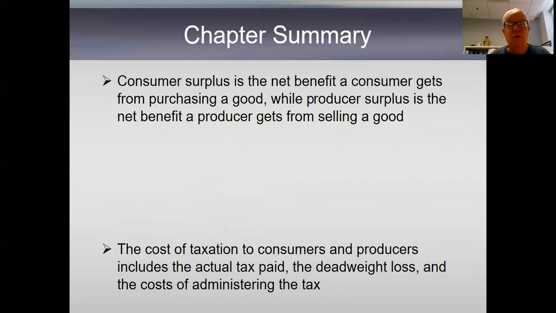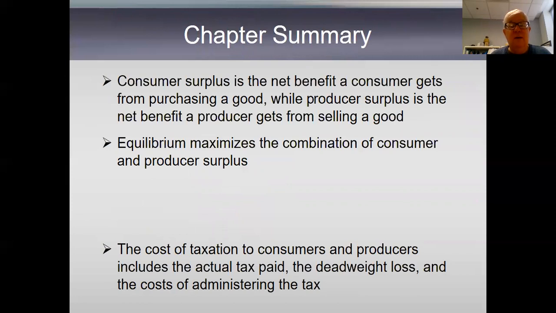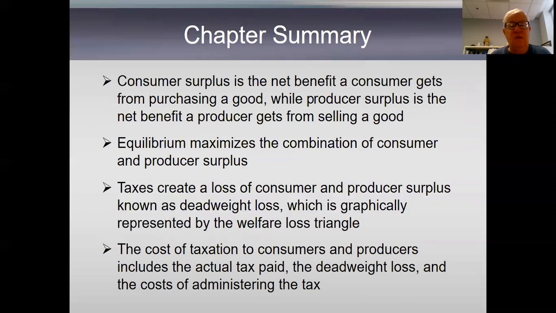We've got a summary here. The consumer surplus talks about what that is. We've got the cost of taxation, and let me fill this in. That the equilibrium maximizes the combination of consumer and producer surpluses. We talked about taxes, which create a loss of consumer and producer surpluses.